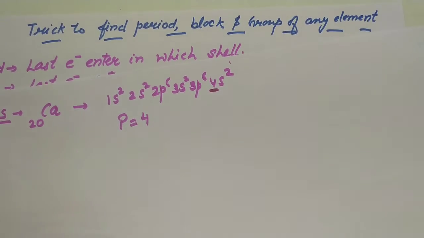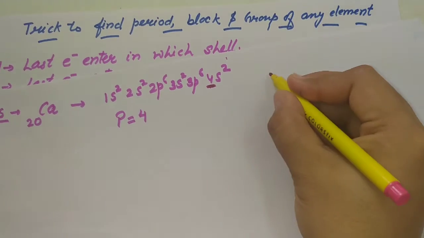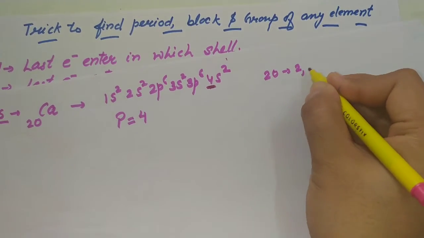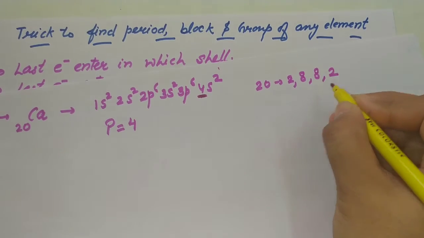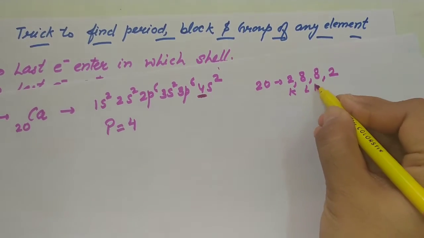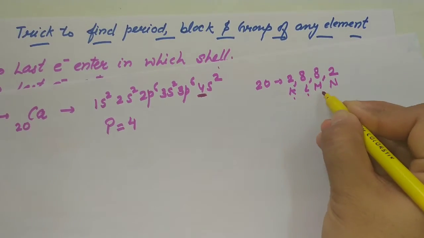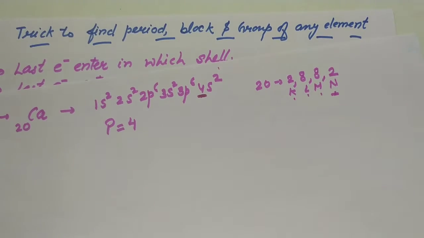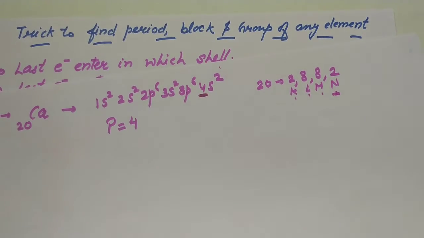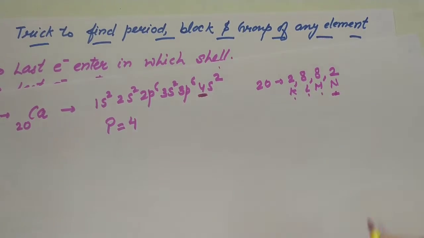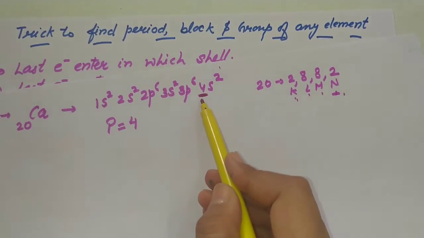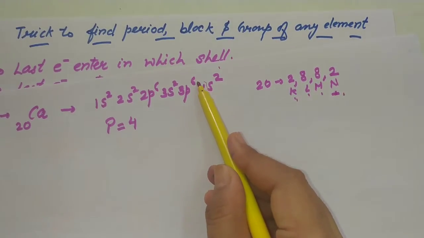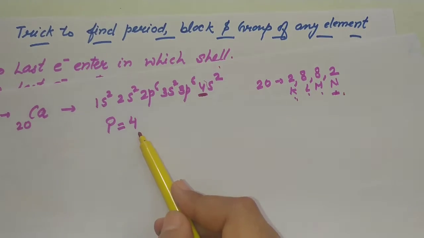Or I can explain this in a very simple manner: 20 is 2, 8, 8 and 2, so K, L, M, N, that is 1, 2, 3, 4th period. Whether you explain this with the help of the K, L, M, N shells or by writing the electronic configuration, the last electron enters the 4th shell, so the period is 4th.